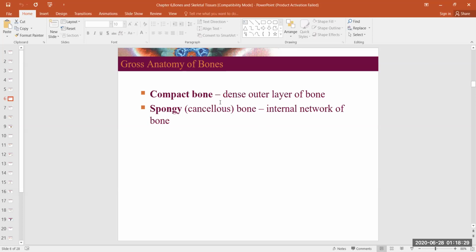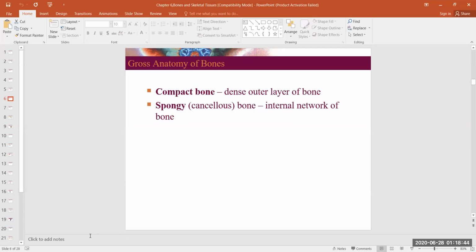So compact bone is made up of a dense outer layer of bone. It is the dense, strongest part of the bone. And this compact bone is made up of small units, which are called osteons.